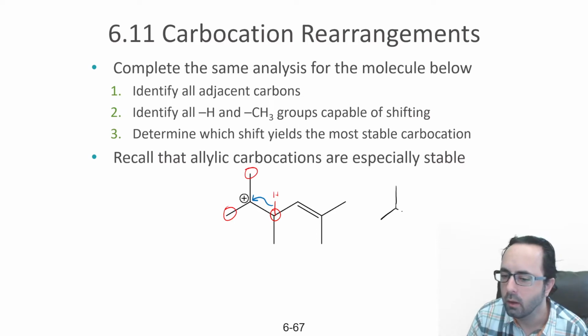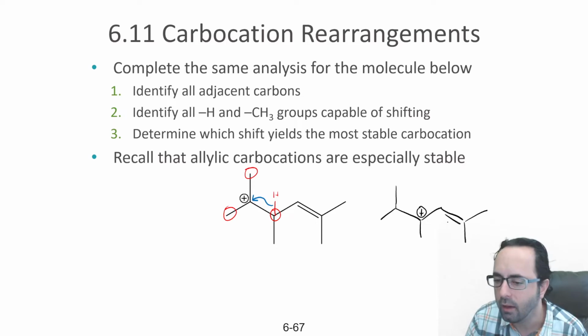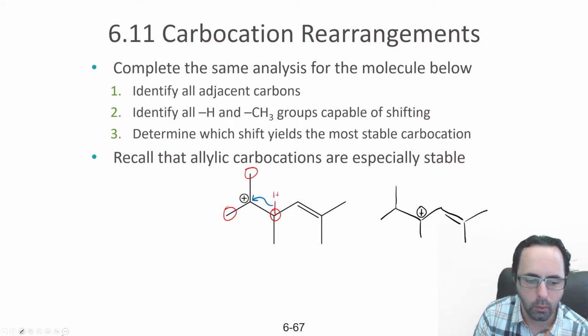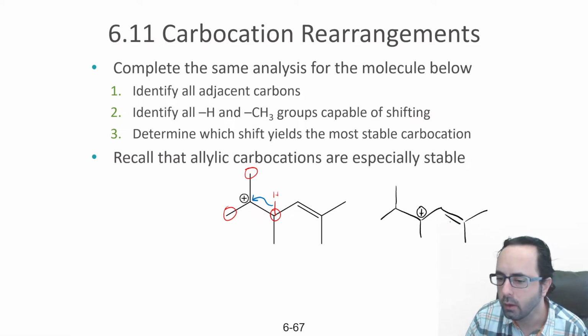Now this carbon no longer has a hydrogen attached. It's making 3 bonds and no lone pairs. So it's a positive formal charge. There's one other thing to think about, and that is that now we have an allylic carbocation. So not only will we have this structure, but we will have resonance as well.